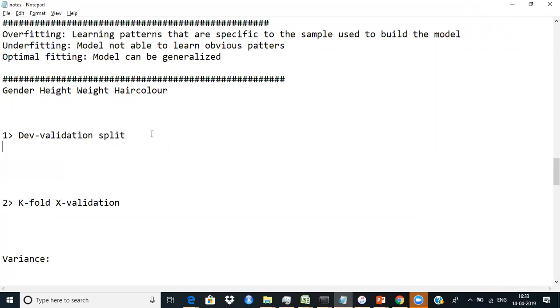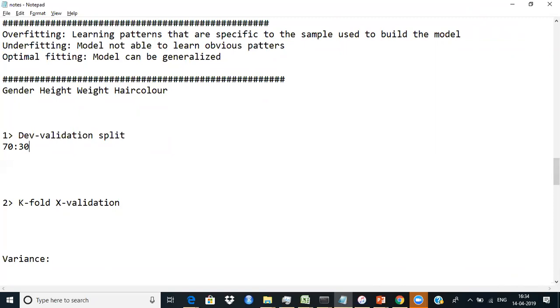Usually you split it into 70-30 ratio. 70% of the data will be used to build the model. 30% of the data will be used as a validation of the model.